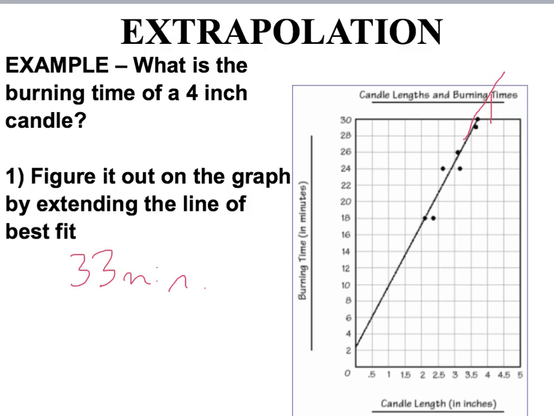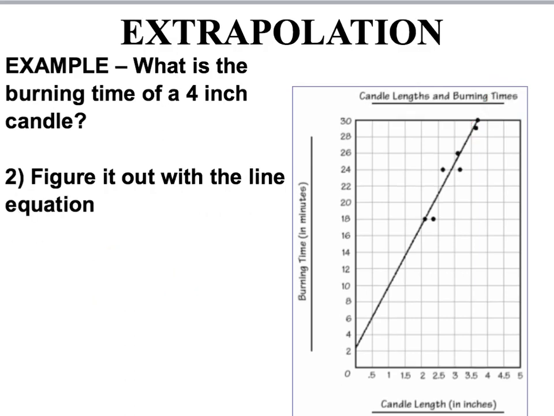But that could be pretty tough. So a better way to do it might be to figure it out with the line equation. Remember, y equals mx plus b, where our slope was 8, and our y-intercept was 2.7.